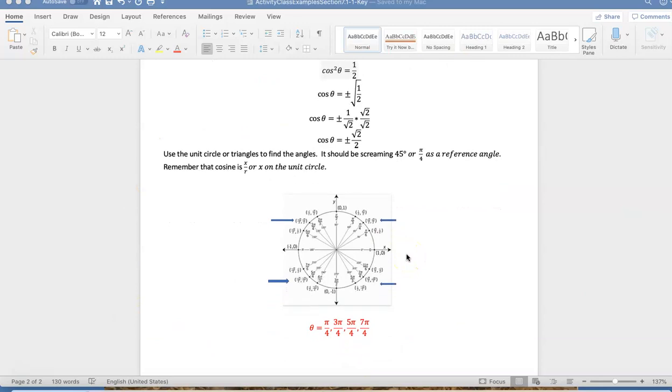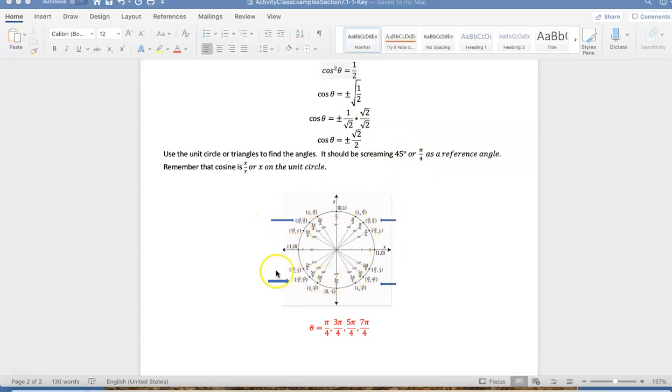You can use the unit circle, or you could use your triangles to come up with where does this actually happen at 45 degrees. So on the unit circle, it's whatever x is, because the r is 1, so it's the x value. Where is x the square root of 2 over 2, or negative the square root of 2 over 2.